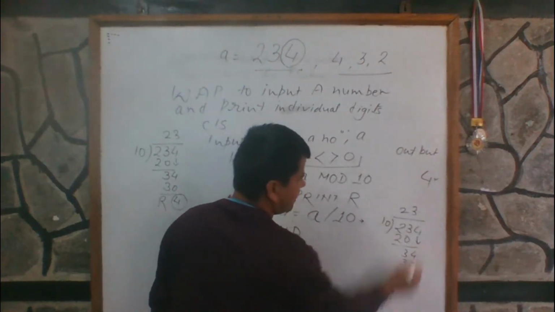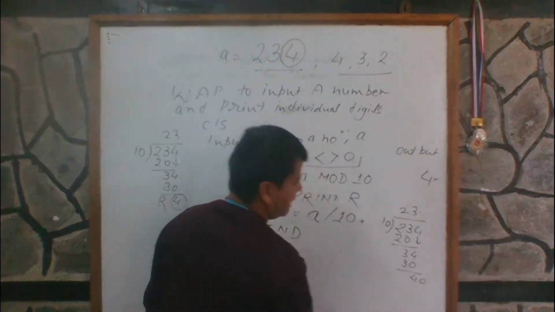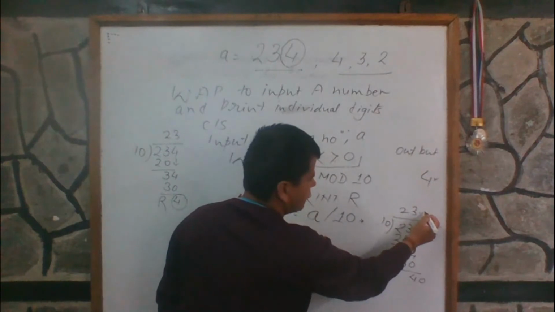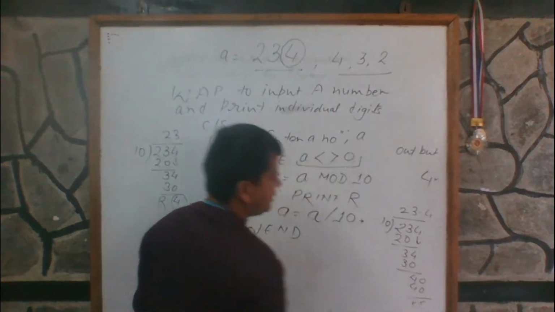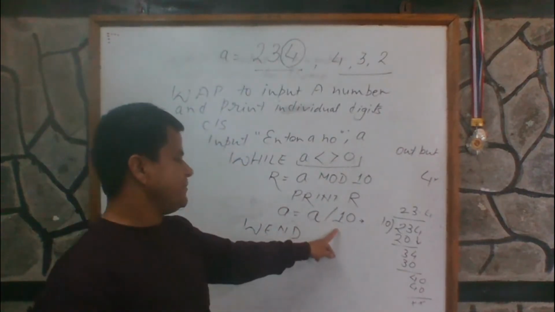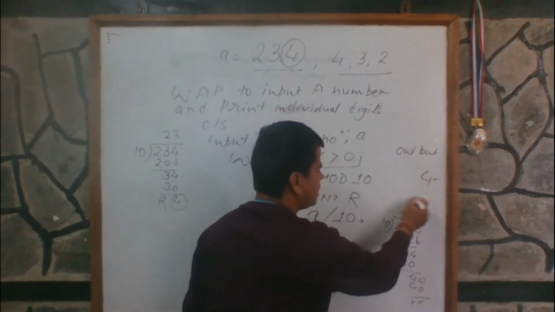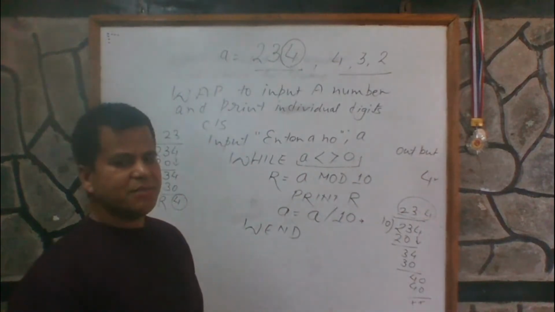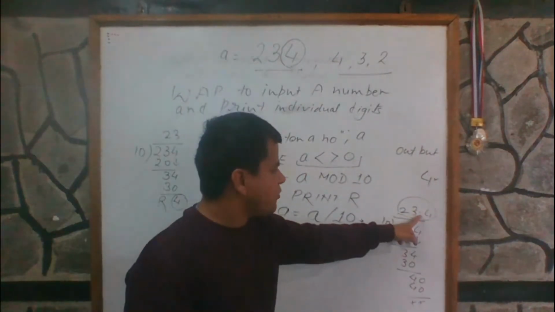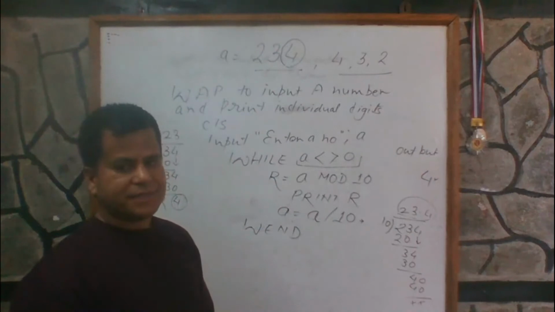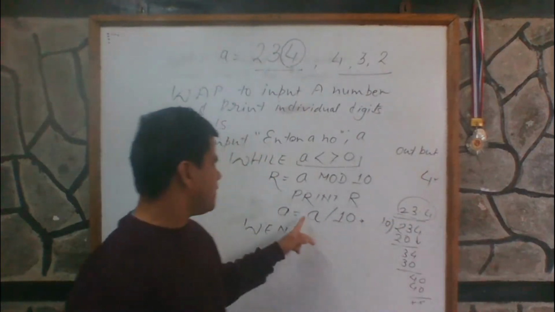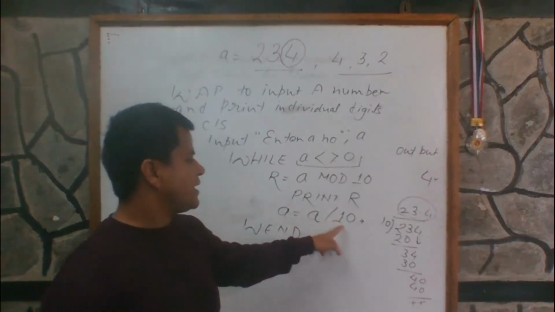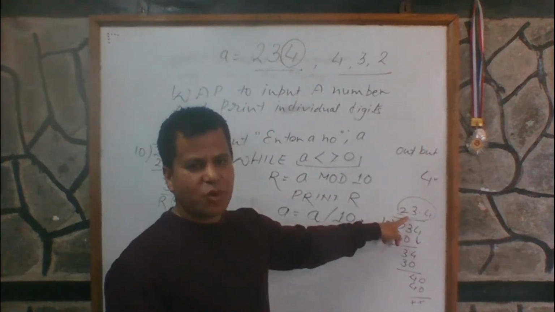Okay, then we can add a point over here, and we can add 0 over here. 10 4s are 40, because it is not checking the remainder. It will divide A by 10 and give you the output in quotient form or decimal form. So in 23.4, what is the integer part? When you divide 234 by 10, your quotient is 23.4.